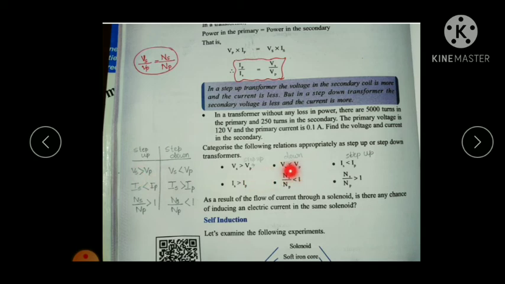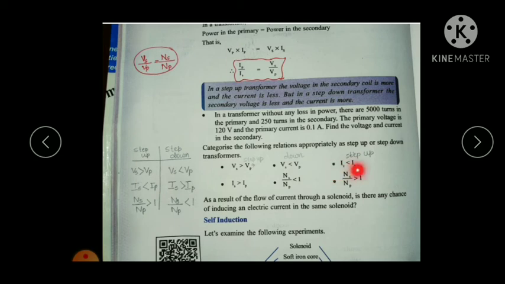Next, VS is less than VP. So in the case of step down transformer, voltage in the primary is greater than voltage in the secondary. So this belongs to step down transformer. Then IS is less than IP, that is, secondary current is less than primary current.